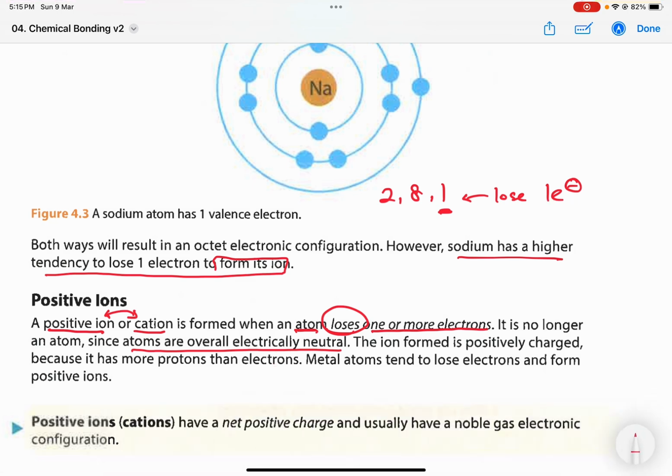So why are they no longer electrically neutral? Because for these ions, they are positively charged. There are more protons than electrons. So therefore, they are no longer electrically neutral. And I want you to take note of this: metal atoms are the ones that tend to lose electrons to form your positive ions.